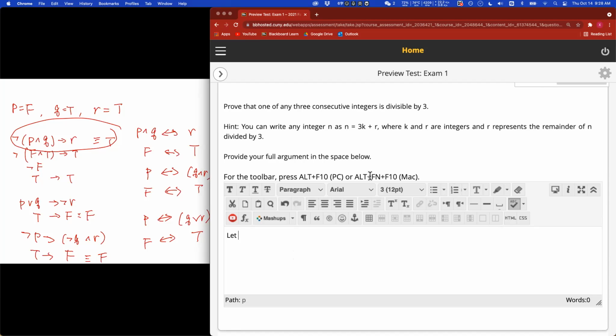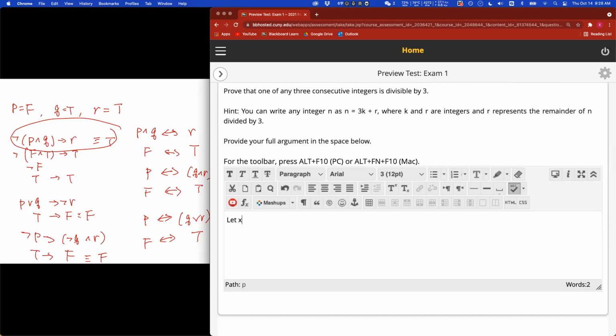So let x, x plus 1, x plus 2 be three consecutive integers. Now we can write x as 3k plus r.